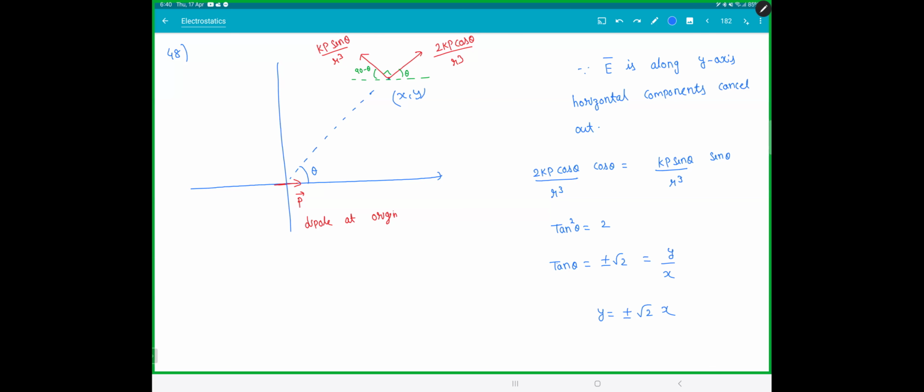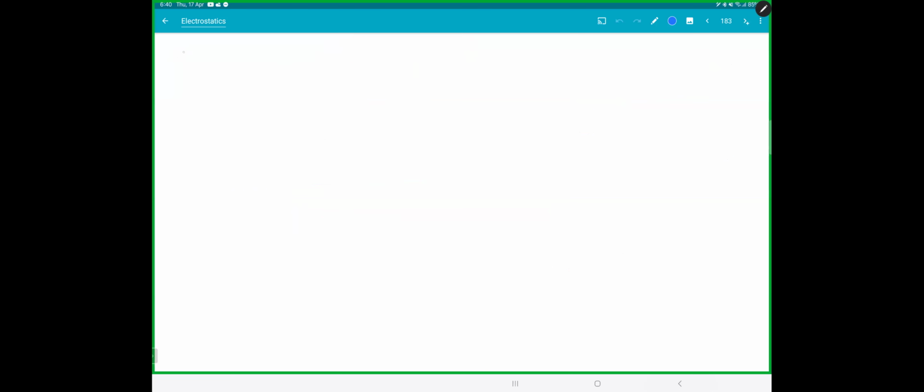Next thing. So that is the second part of it. So if I give you a dipole, how to find the field and potential. Next thing. How does a dipole behave in a uniform electric field?